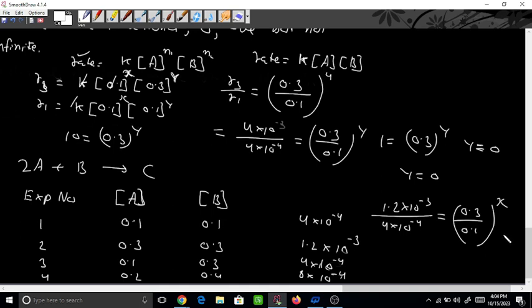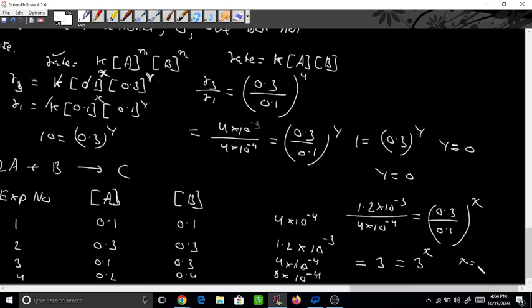Okay, got it? So this term will be 3, equals 1. So 3 is equal to 3 to the power x, so x is equal to 1.